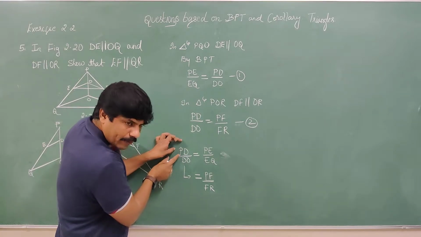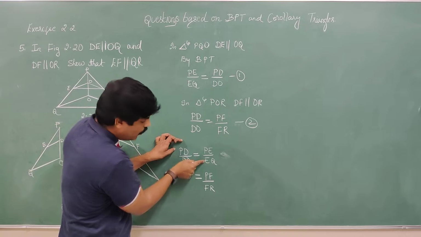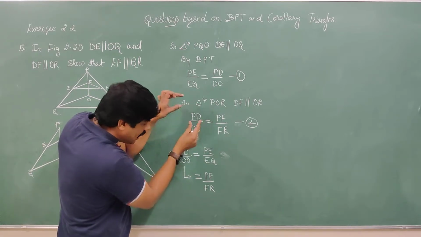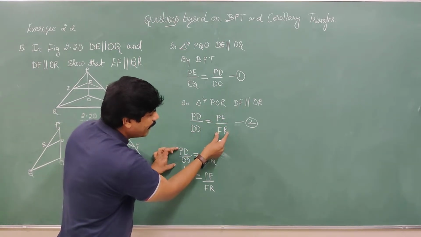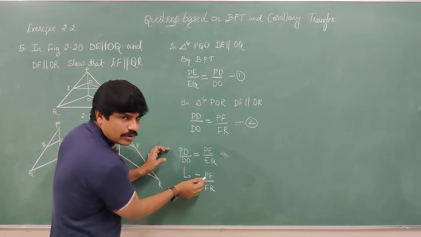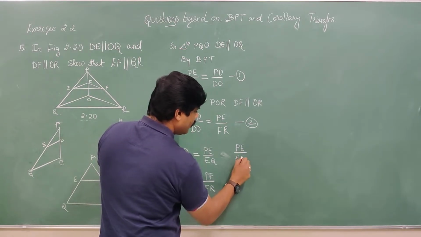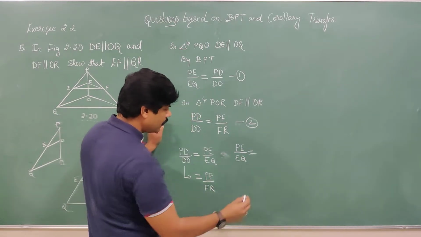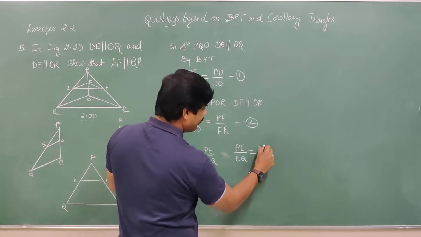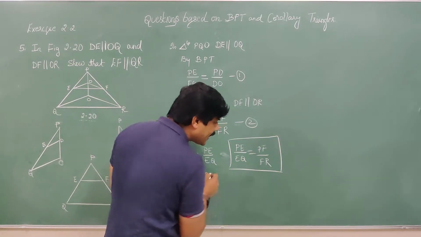Since PD by DO from 1 is equal to PE by EQ, and PD by DO is also equal to PF by FR from 2, therefore PE by EQ is equal to PF by FR. This is required for us.